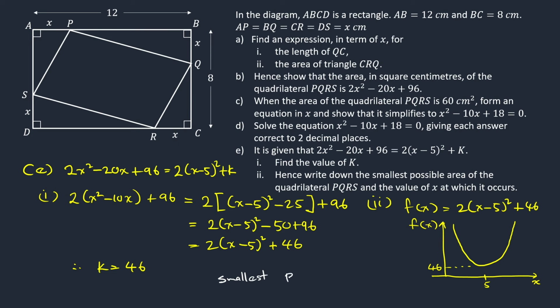Smallest possible area for PQRS is 46. The unit is cm squared. When x is equal to 5, so that does it, and that completes the whole problem on this.